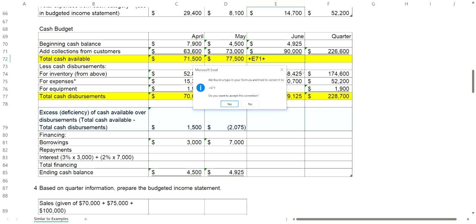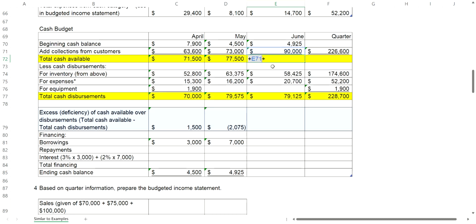Add the two numbers together. Okay, and then take the cash inflows and subtract the cash outflows. We now have an excess of $15,800.